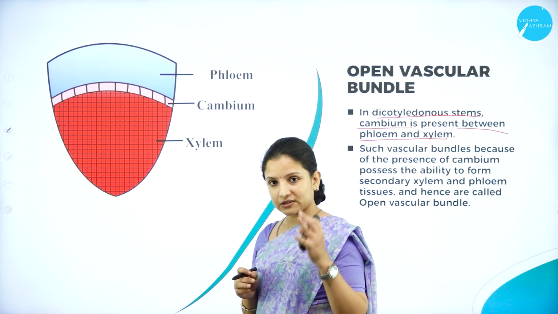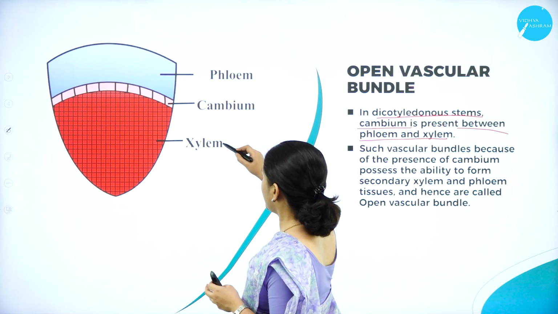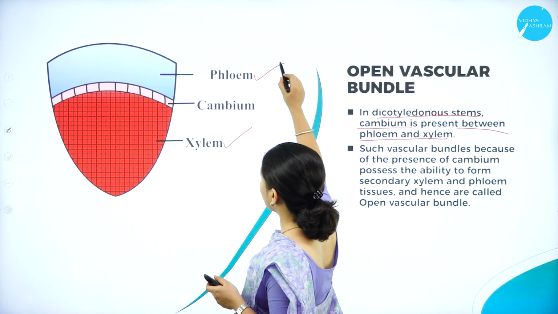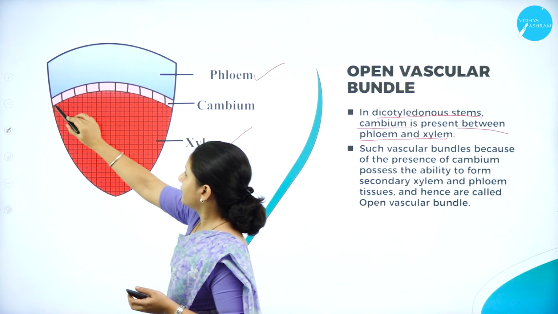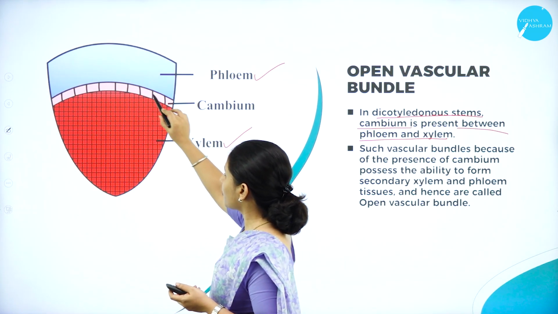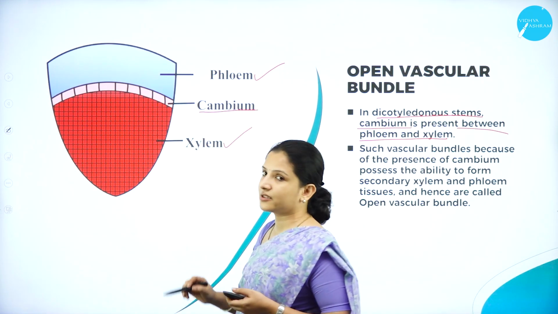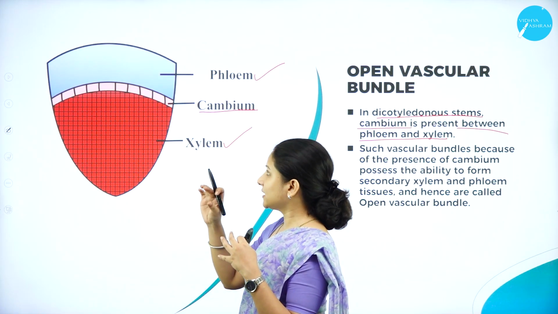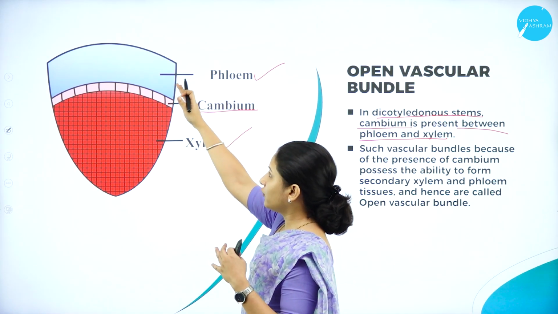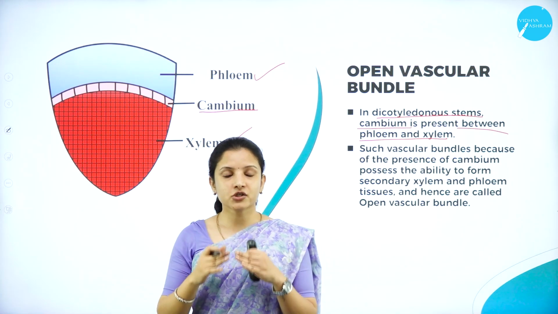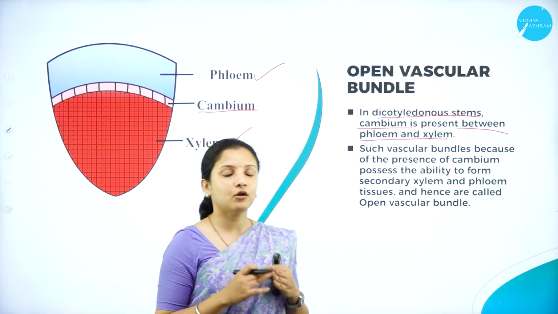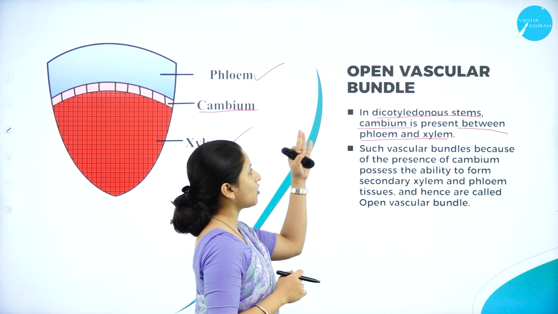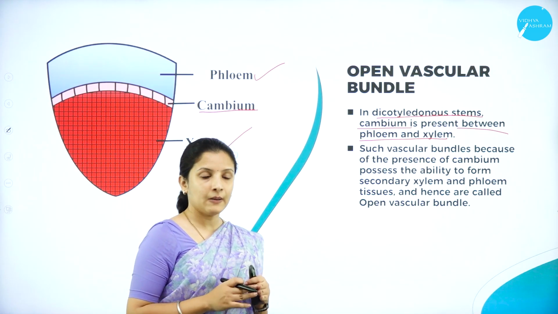It is made up of the xylem and the phloem. So we have the xylem and there is the phloem. In between the xylem and phloem, there is a layer of cambial cells. So if there is a layer of cambial cells between the phloem and the xylem, then such a type of vascular bundle is called the open vascular bundle.